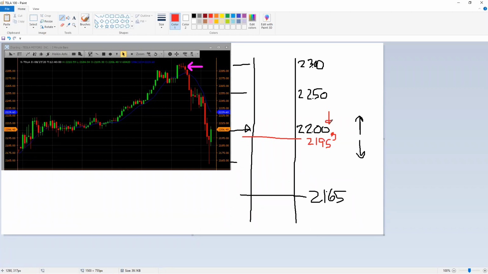Or you could play it down through the even number as it goes from 2220 to 10 to 05. 05 is the same as 95 on the upside. You're playing it up at 95 and down at 05, right through this number.